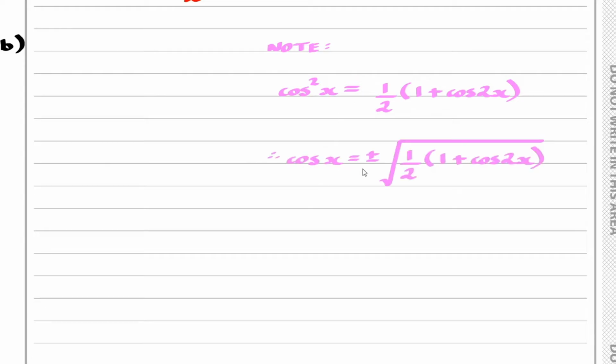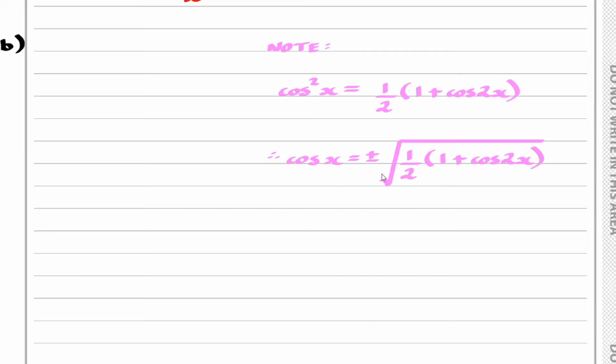Now, if we think about the identity cos squared x equals 1/2 multiplied by 1 plus cos 2x, if I square root this, I end up with cos x equaling plus or minus the square root of 1/2 multiplied by 1 plus cos 2x.